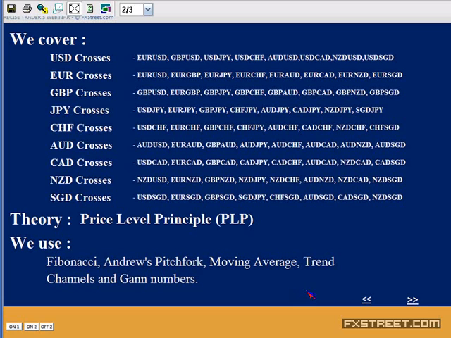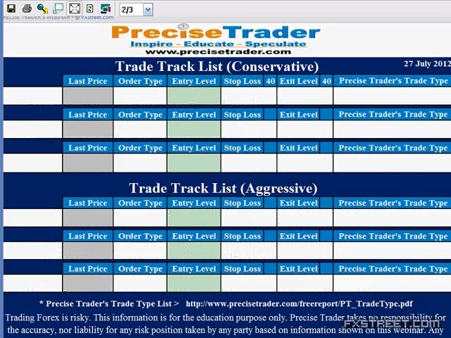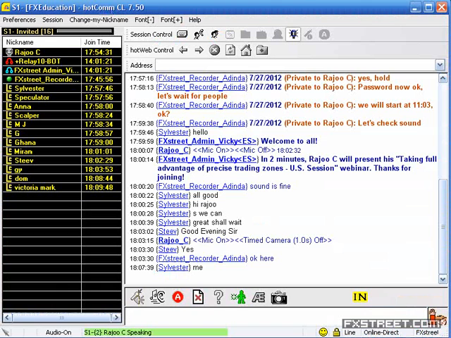So we can also determine how far it can move, especially if you are able to identify the group that is controlling the market at that particular point.